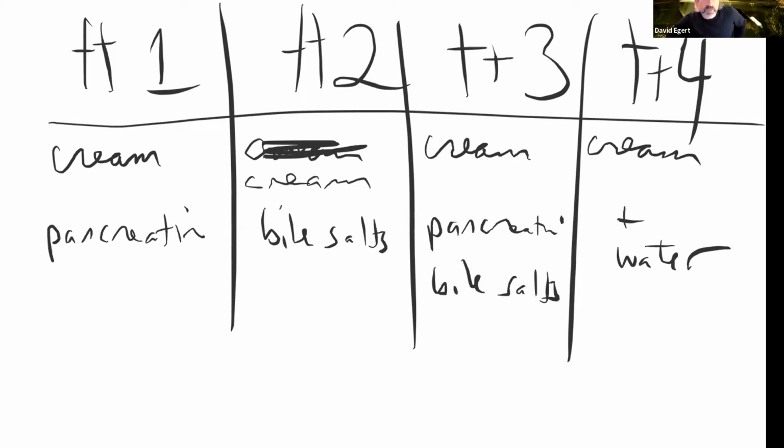So again, what would we expect here? Which one do we think is probably going to have the best breakdown? 3. And why? Because you have the bile salts that will make the oil drop smaller into smaller droplets, and the pancreatin will be able to break them down more efficiently. Exactly.